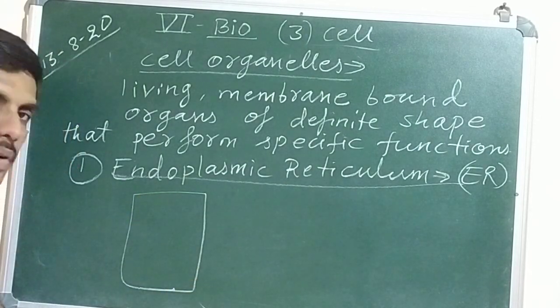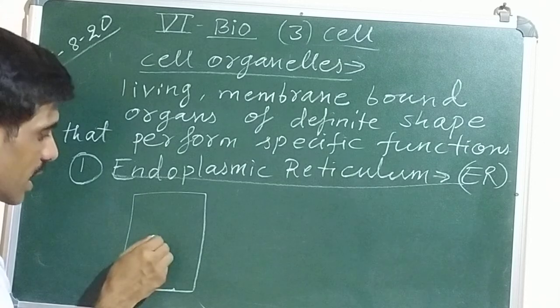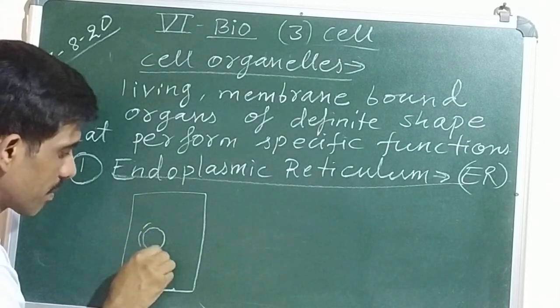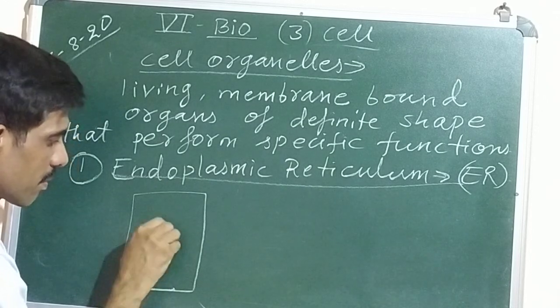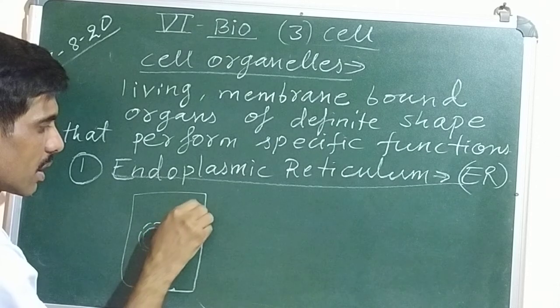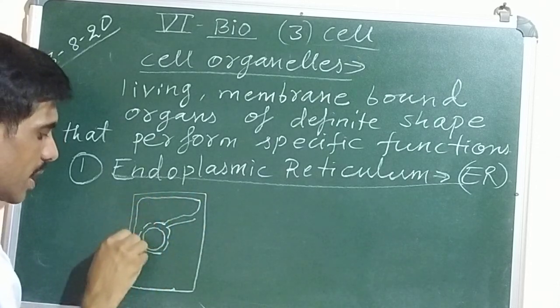It is a network of tubular double membrane which connects, suppose here we have the nucleus, this one is the nuclear membrane. It connects the nuclear membrane with the cell membrane. This one is the cell membrane.